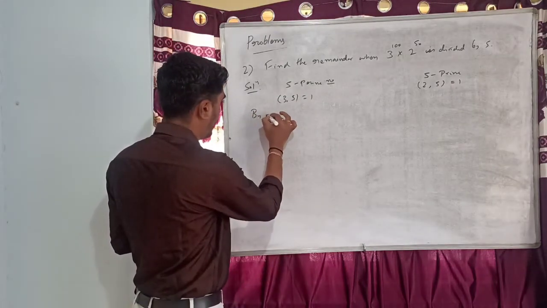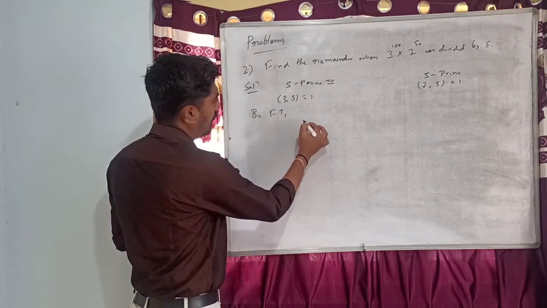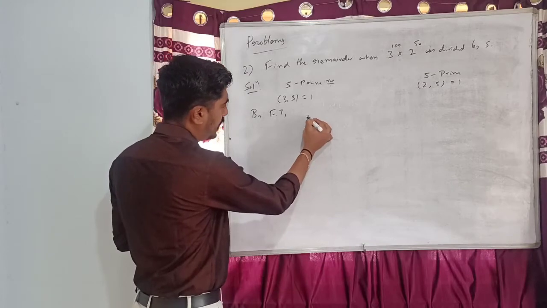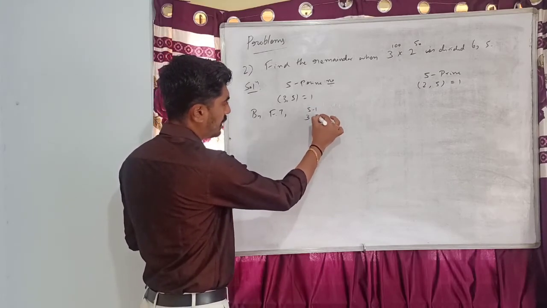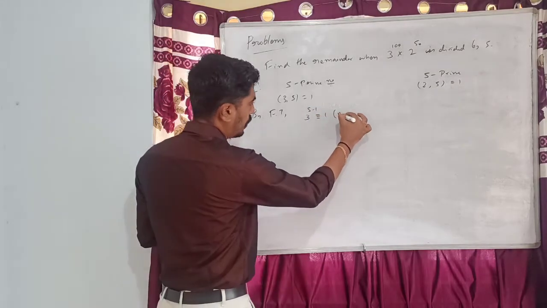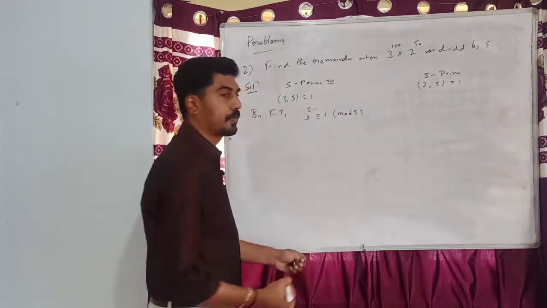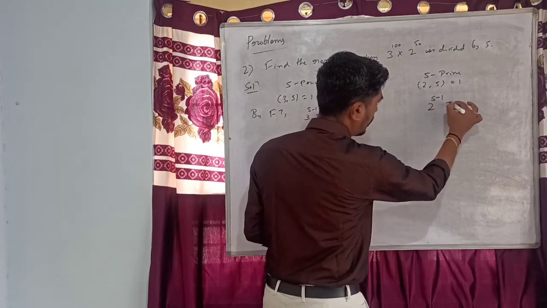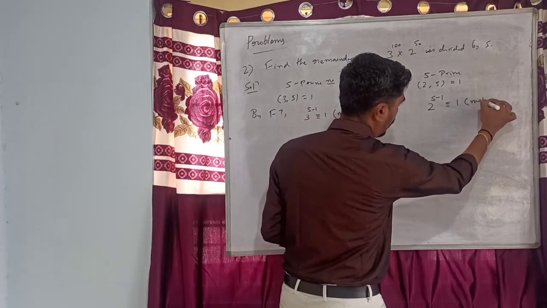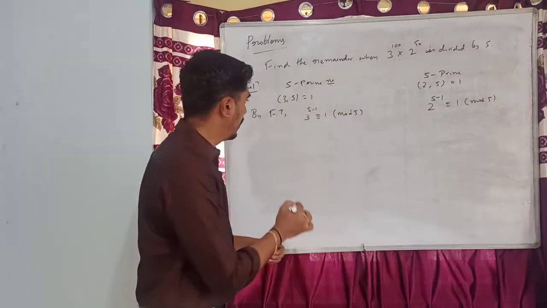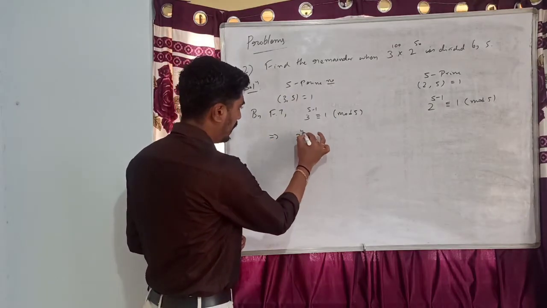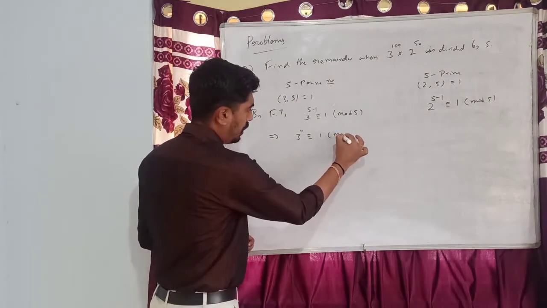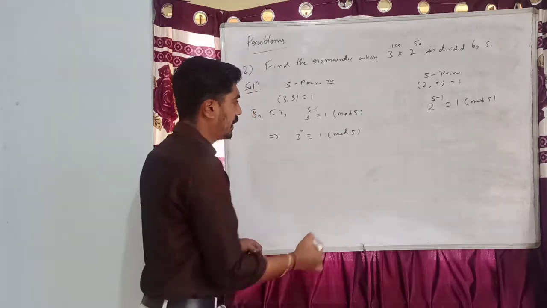By Fermat's theorem, I have 3 to the power of 5 minus 1 is congruent to 1 modulo 5. Similarly I get 2 to the power of 5 minus 1 is congruent to 1 modulo 5. Or 3 power 4 is congruent to 1 modulo 5.